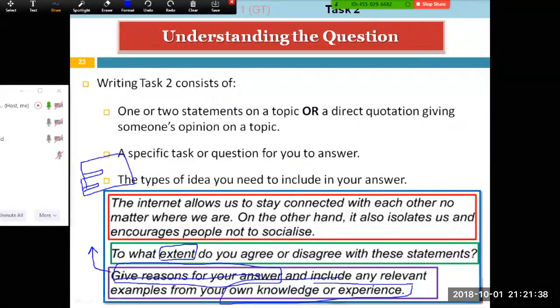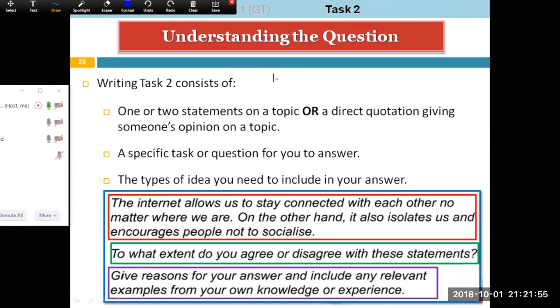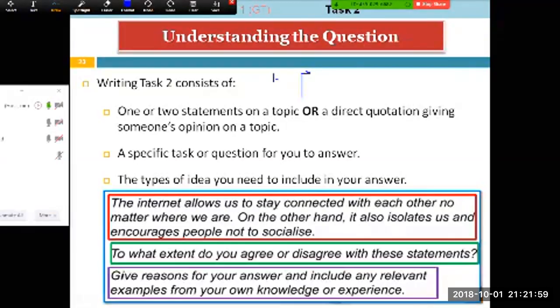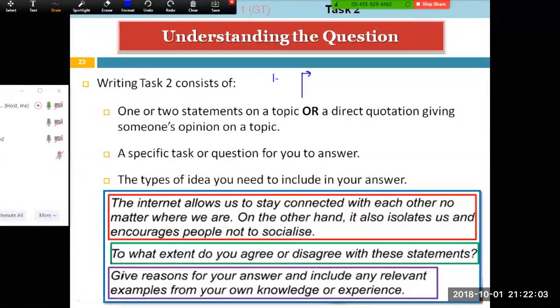Here, there are some points that I want to tell. Number one, there are two types. It's not written in some book, but just to make you understand, I have categorized it into two types. The one type is an example based on someone's experience.